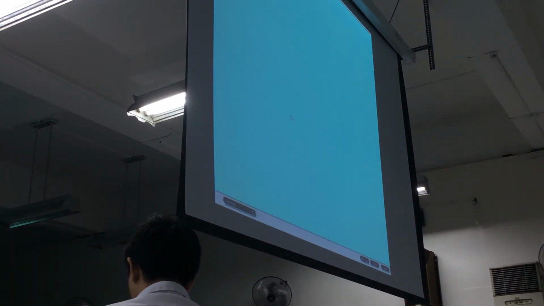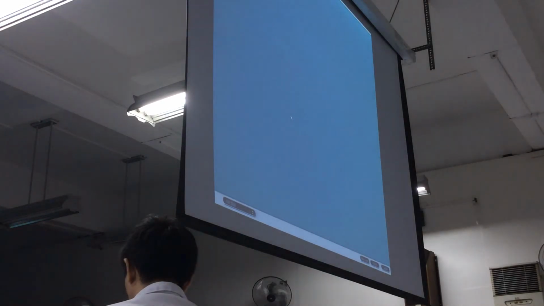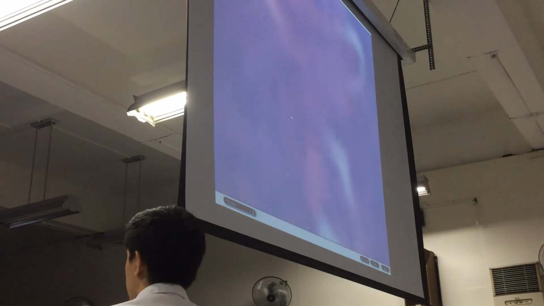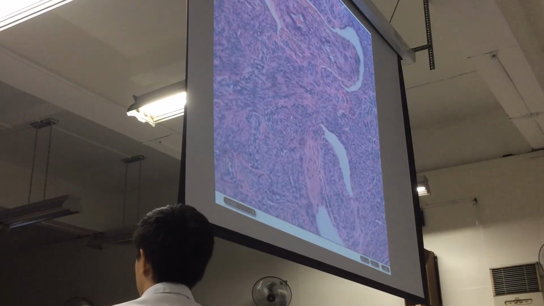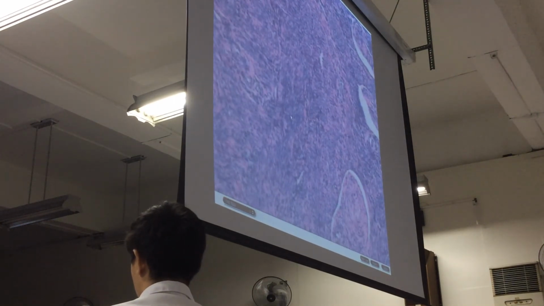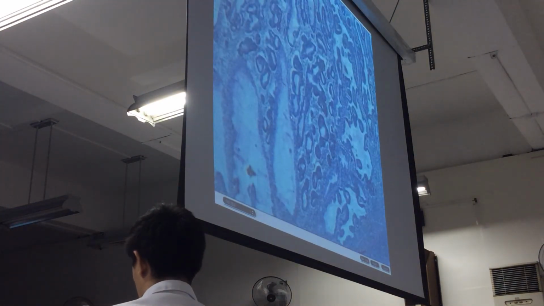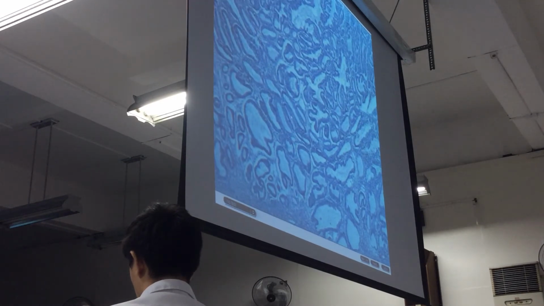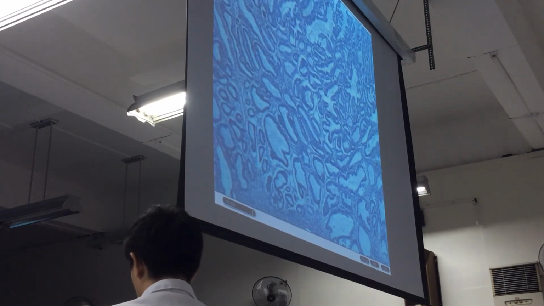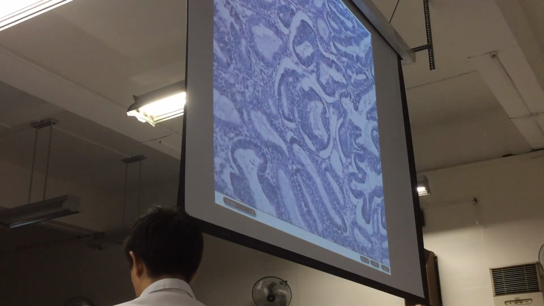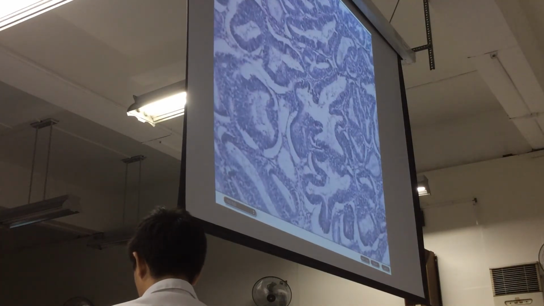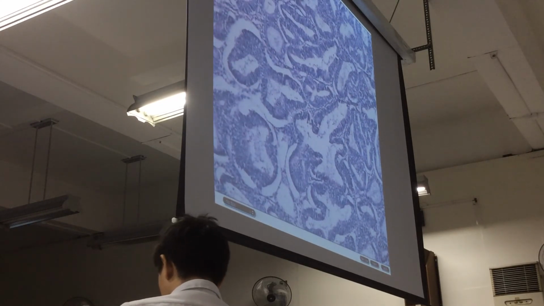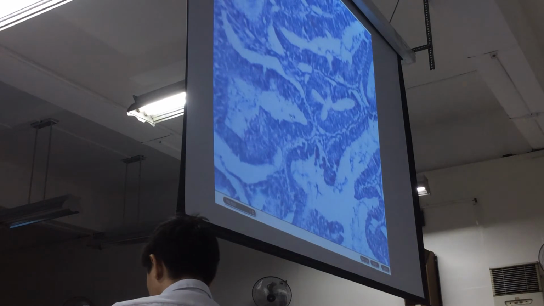Comparing that to this type of endometrium. Okay, this type of endometrium shows you irregular shape and irregular size glands arranged in a compact position.